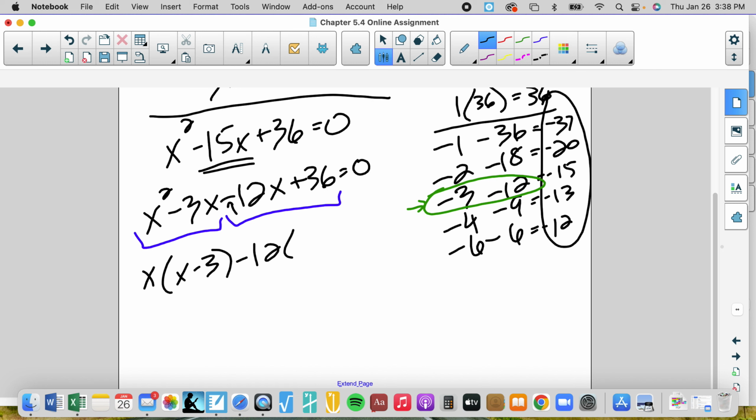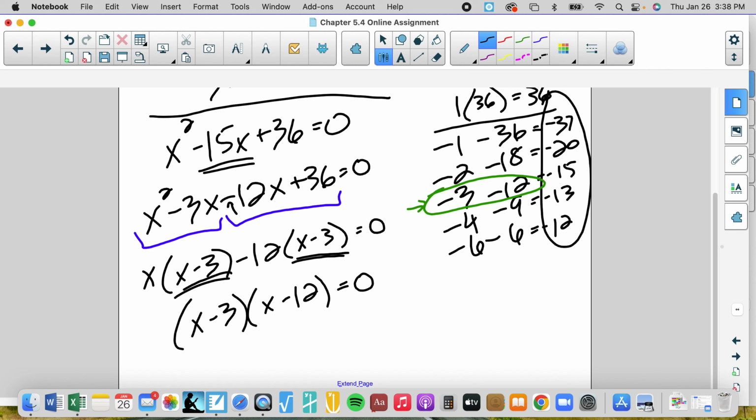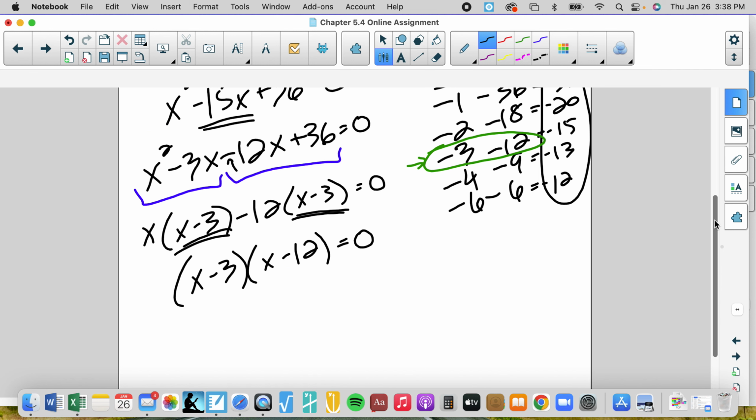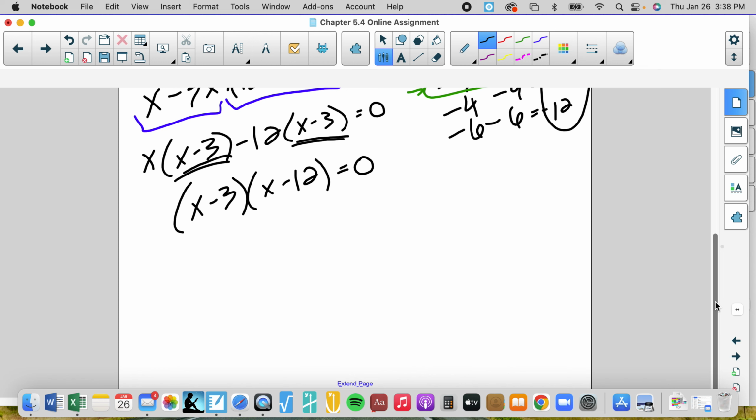First term is negative, and you're going to get x minus 3 equals 0. They both have an x minus 3, and you're left with x minus 12 equals 0. These must be the same in order for you to pull that out. This a times c technique that I'm showing you in factor by grouping only works when those two are the same after pulling out the common factor.